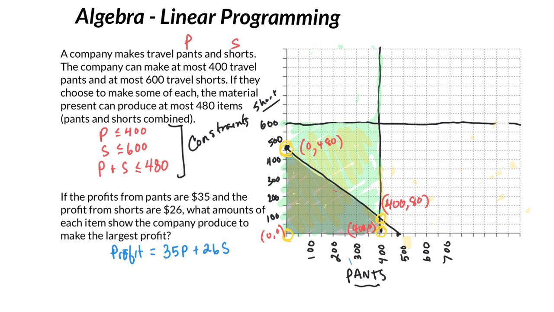Now, again, we are totally free to plug in all 4 of these points into our profit equation and see which one's the biggest profit. But I'm going to argue that we can cross 2 of these out right away. No sense in checking 0, 0 because 0, 0 gives us no profit. And there's no sense checking this one because why, if we're allowed to make 480 items, would we not make 480 items?